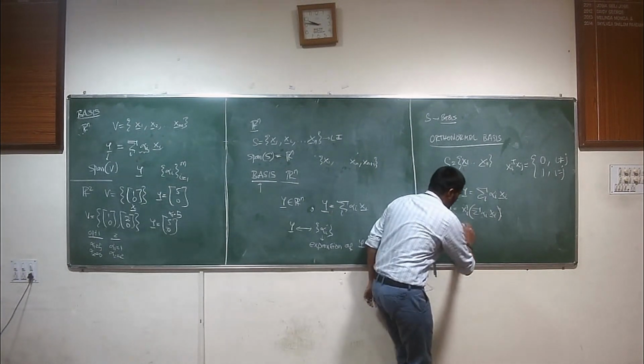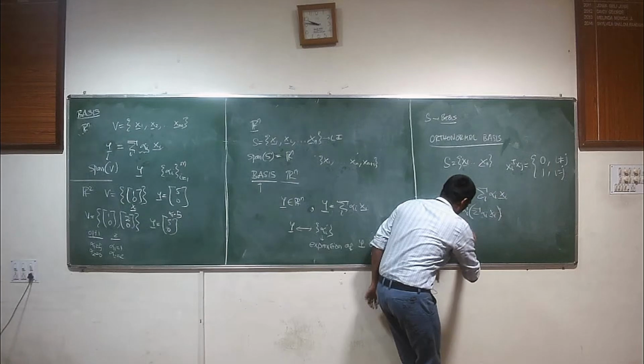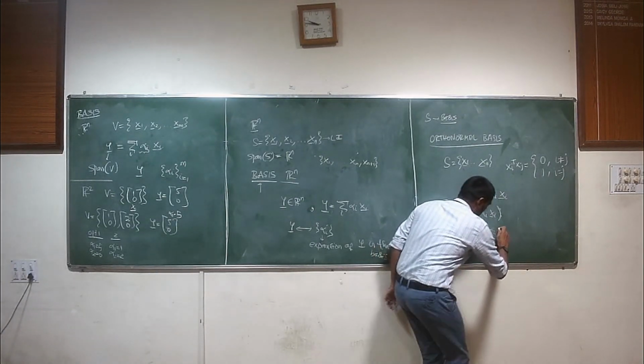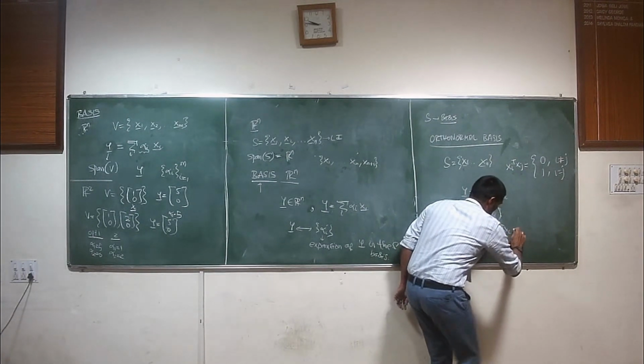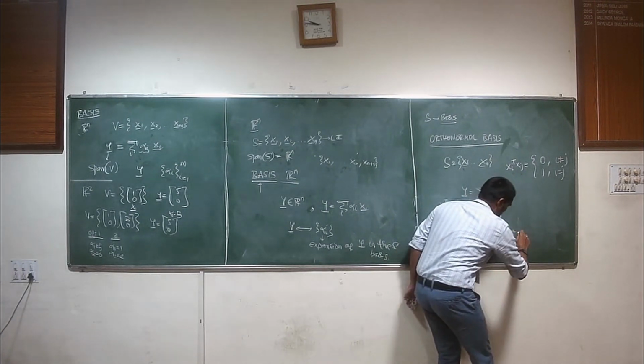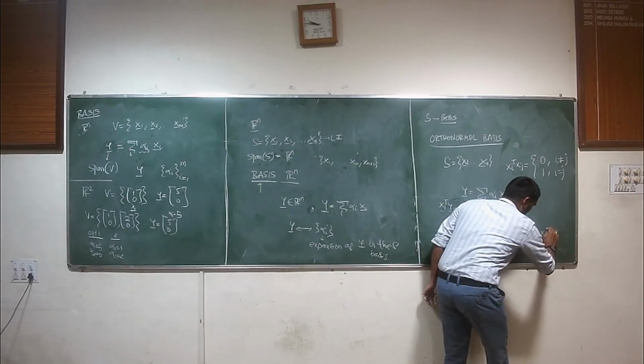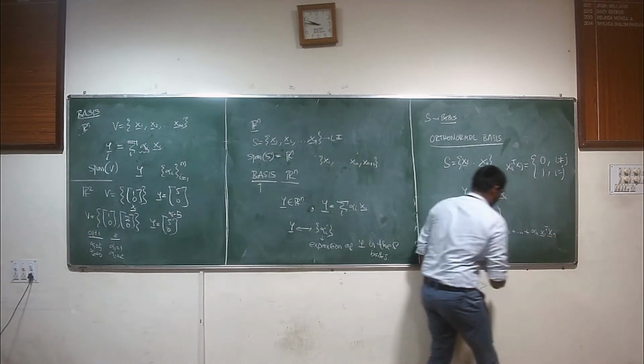What will happen when you take it inside? Let me expand this. It will be alpha 1 x1 transpose x1 plus alpha 2 x1 transpose x2, and so on, up to alpha n x1 transpose xn.